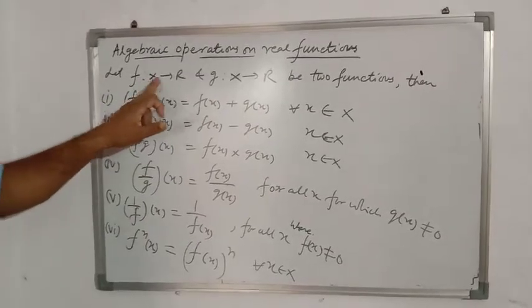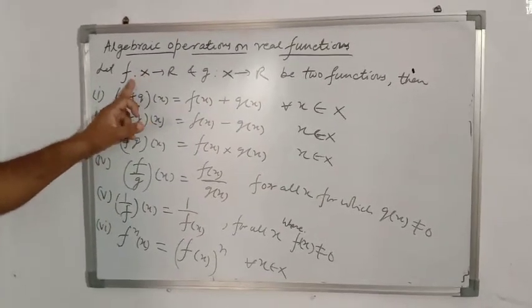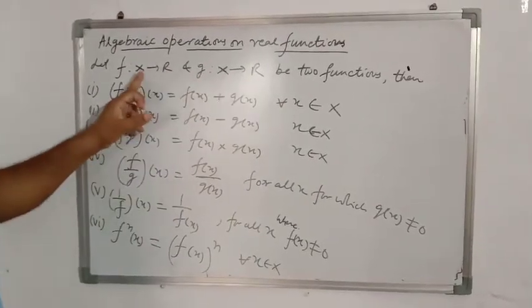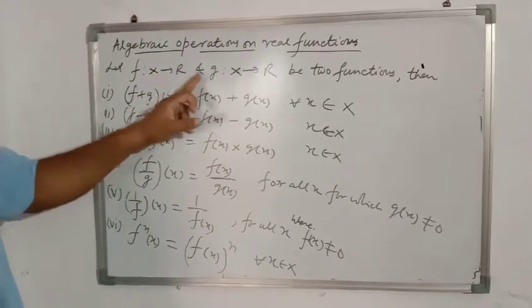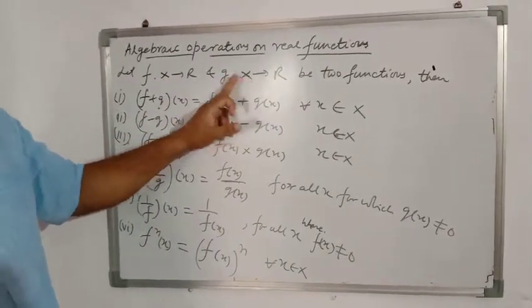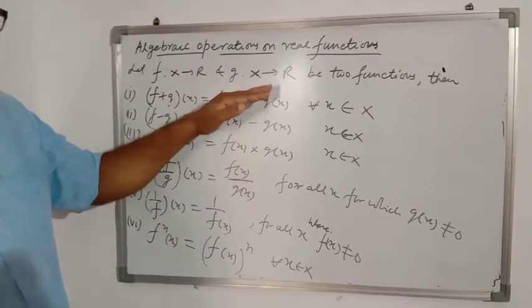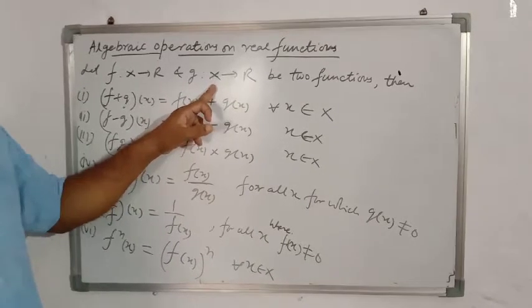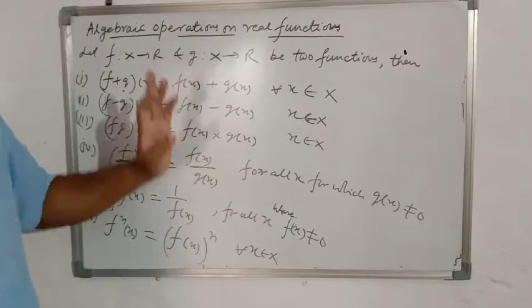Here I have taken the common domain, same domain. Function f defined from X to R, function g defined from X to R. X is a subset of real numbers. So both the functions f and g have the same domain X. It is not necessary that both have the same domain. If both the functions have different domains, then we have to take the common domain for both the functions.